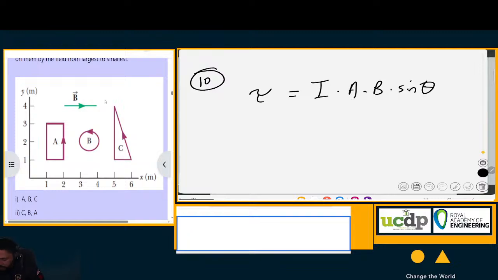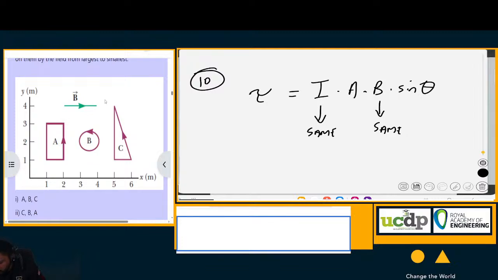Where I is the current, that is the same for all of them. B is the magnetic field. It's the same for all of them. And theta is the angle between the magnetic field and the area normal vector.